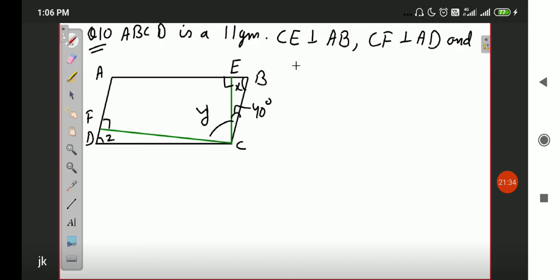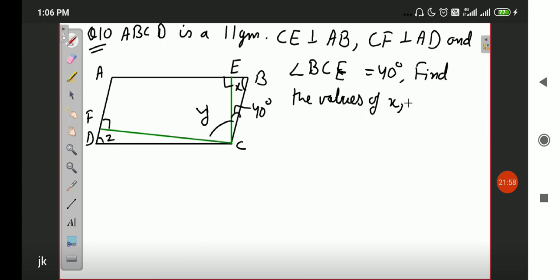And angle BCE is equal to 40 degree. Find the values of X, Y and Z. So let us start with the solution.